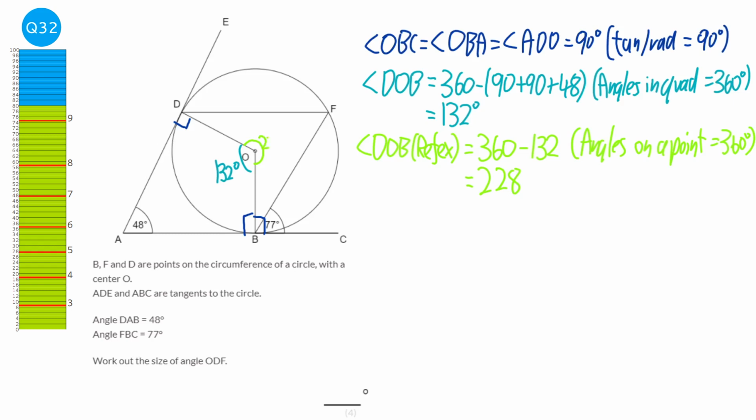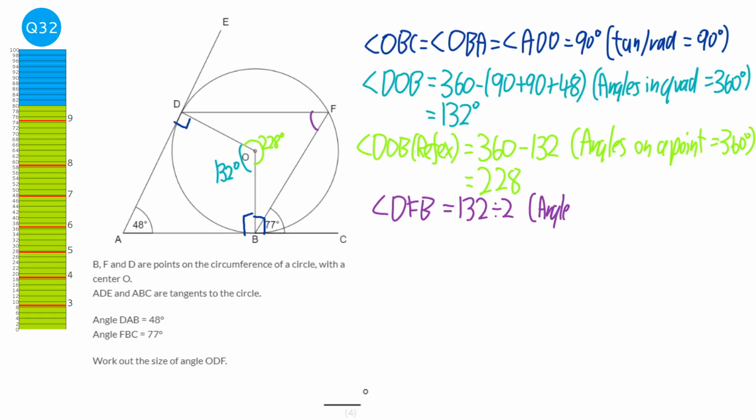So this is 228 degrees. Now we can also use the circle theorem to work out this one, because we've got an angle at the centre and an angle at the circumference, and the angle at the centre is twice the angle at the circumference. So angle DFB is going to be 132 divided by 2.